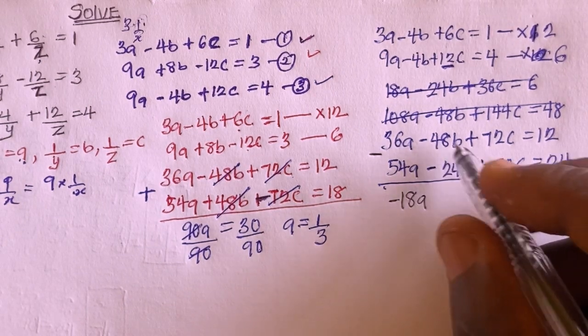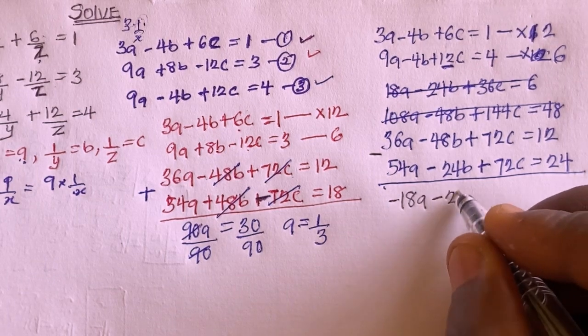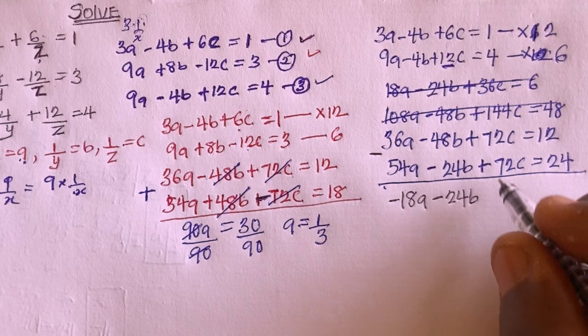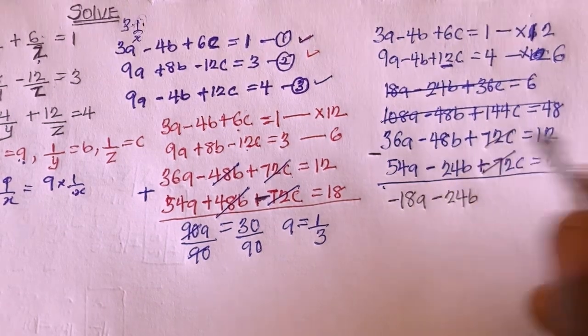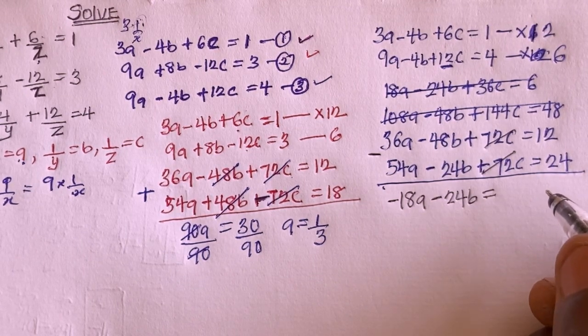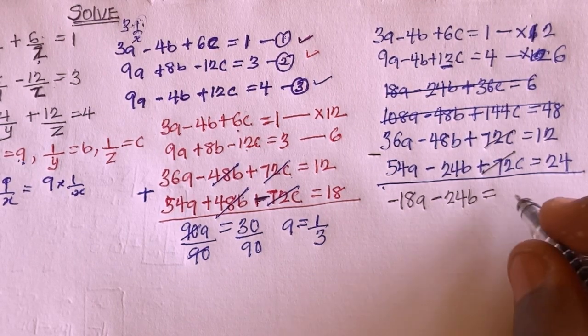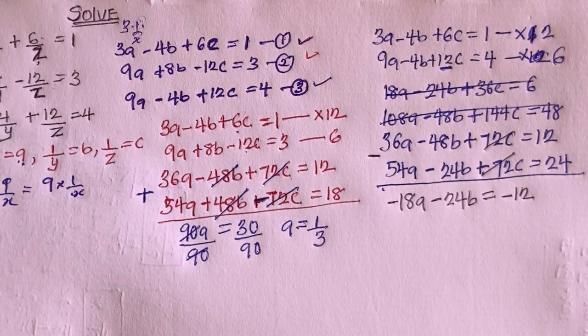Then here I'm going to have minus 48 plus 24, that's actually minus 24B, right? Then here this and this will cancel out, then equals 12 minus 24. That's actually minus 12, right?